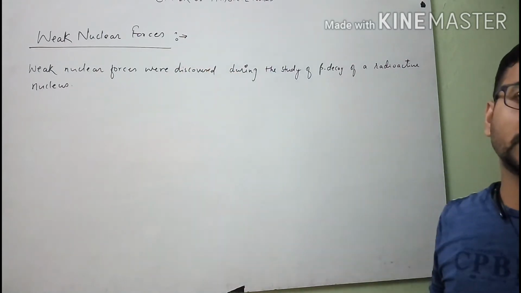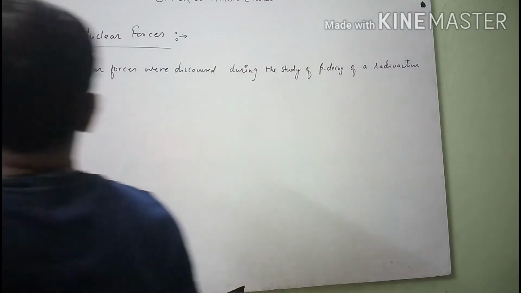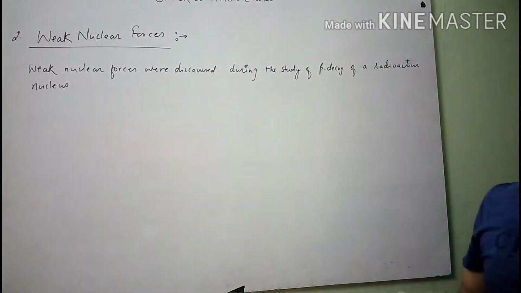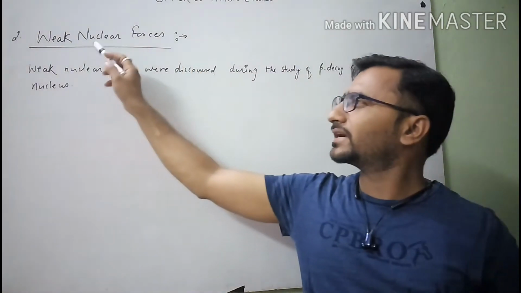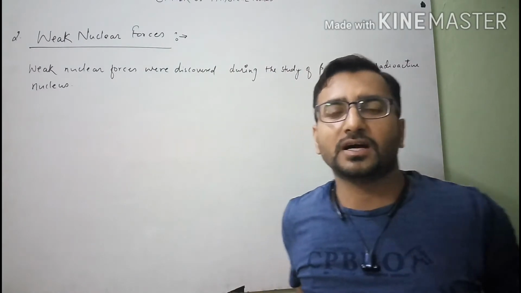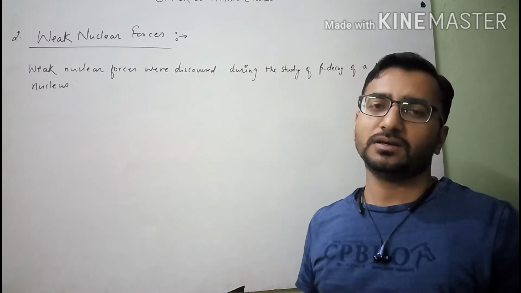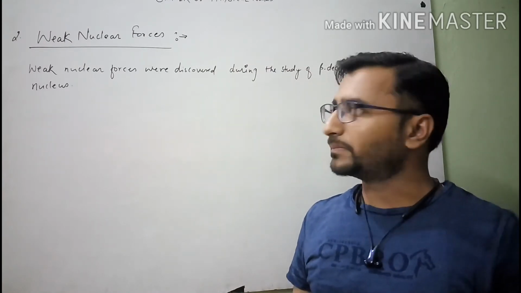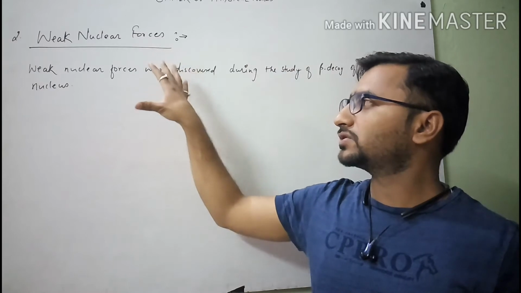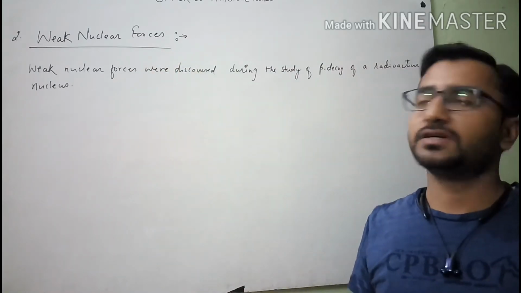When we talk about the second weakest force, which is called weak nuclear force, as already written here, nuclear forces, it means that this force comes into play in case of nuclear reaction. So how was this force discovered?